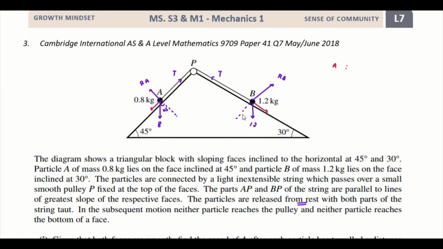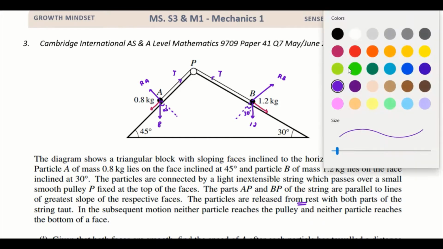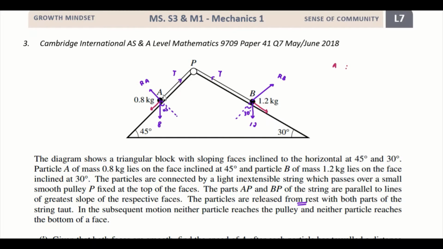So same thing, 30. So when we try to resolve it, what we get for particle A is 8 sine 45. For sine 45, when we multiply it, we will be able to get 4 square root 2, which is around 5 point something, because square root 2 is like 1 point something.